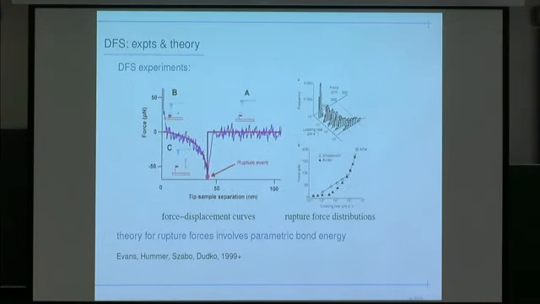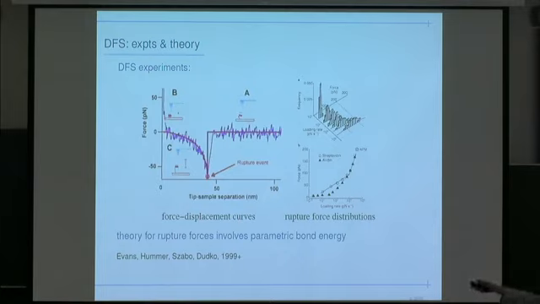Typically what's done is a parametric form. I'm going to assume that the bond takes some parametric form, pull it, and measure bond rupturing rates, for example, the force at rupturing as a function of loading rate.